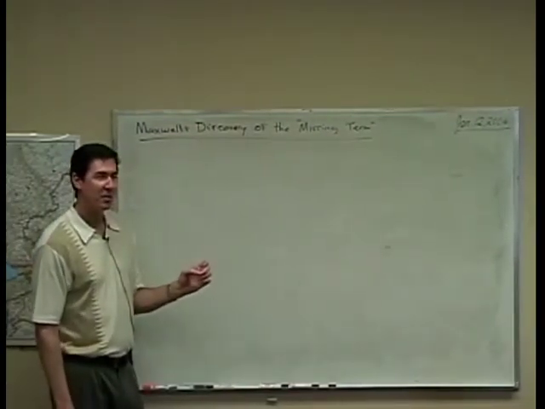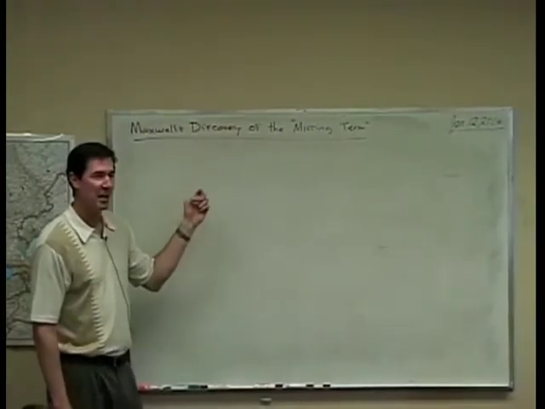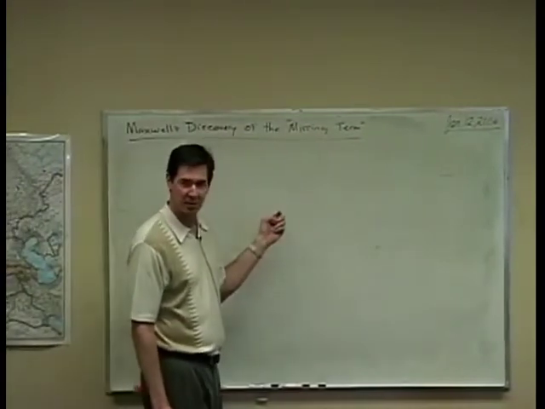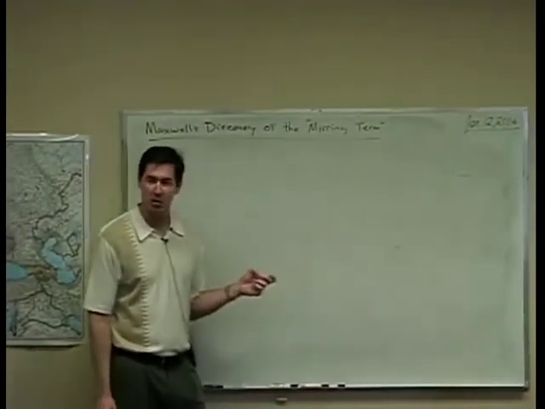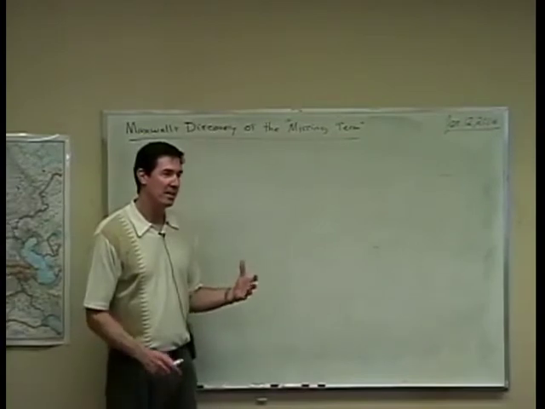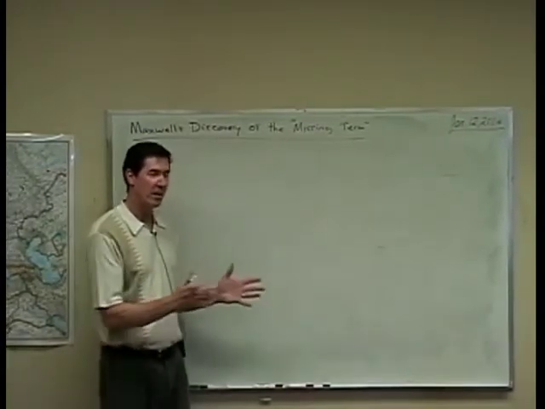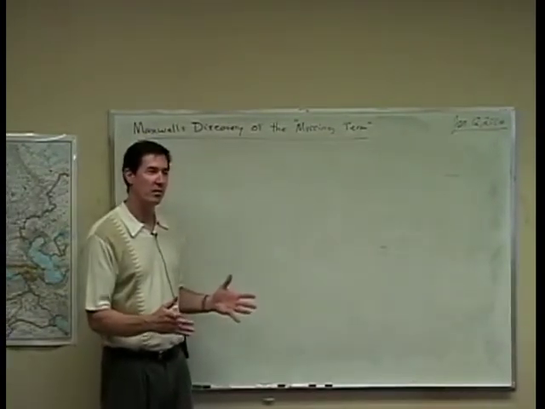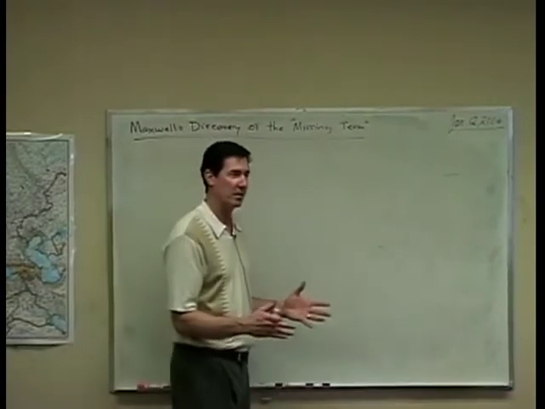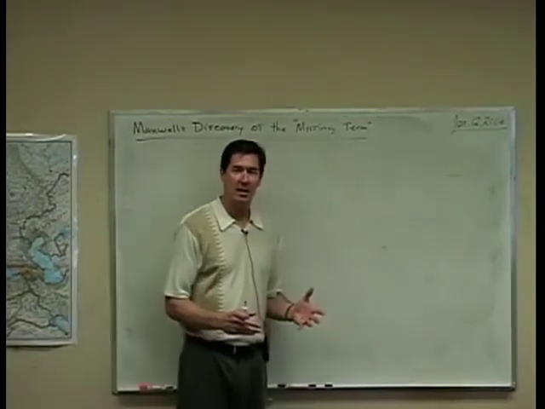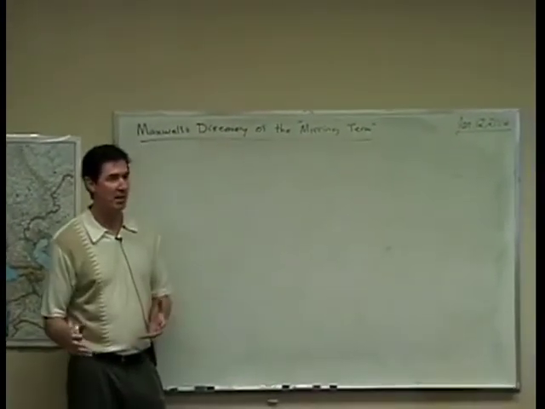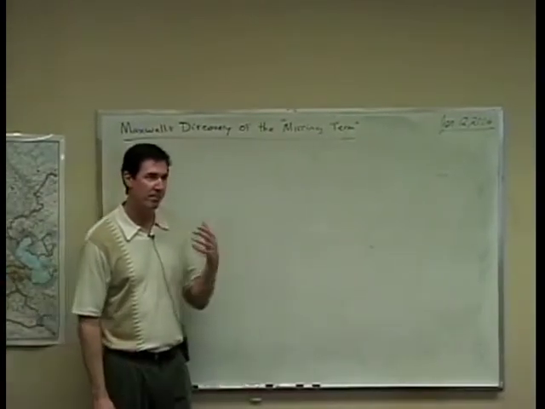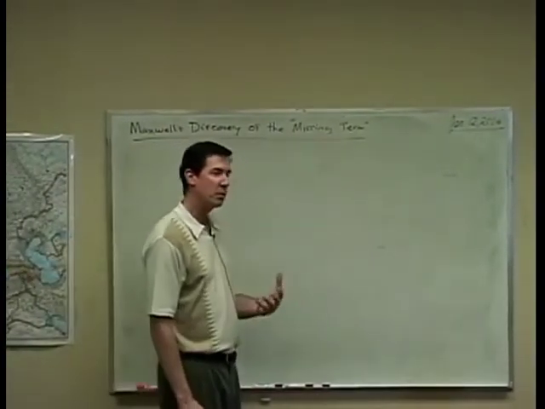I told you when I started into Maxwell that he was a brilliant mathematician, and one of his major goals was to take Faraday's views on electricity and magnetism, what Faraday had discovered, and translate them into mathematical terms, which Faraday hadn't done.